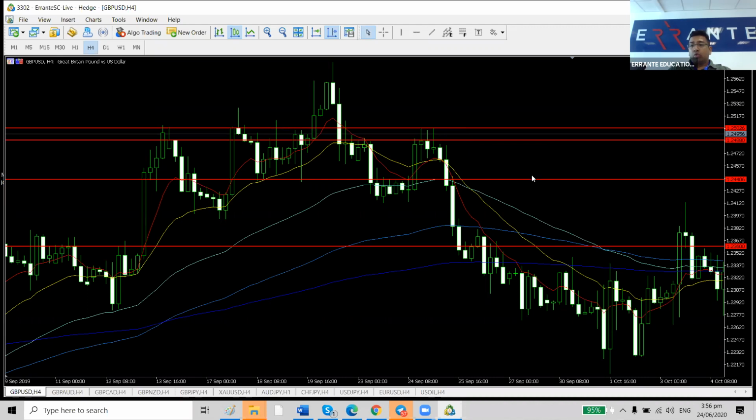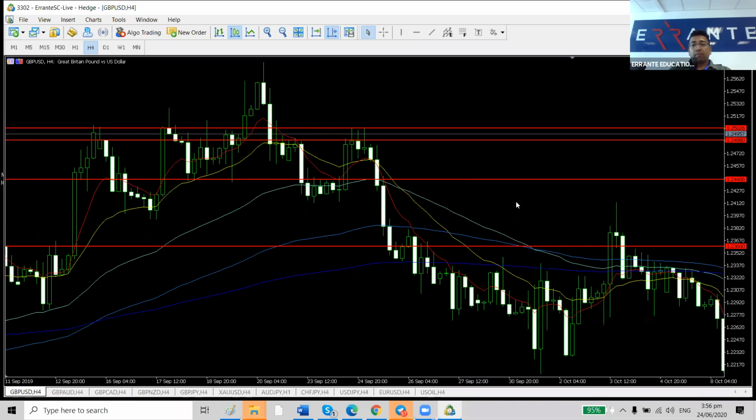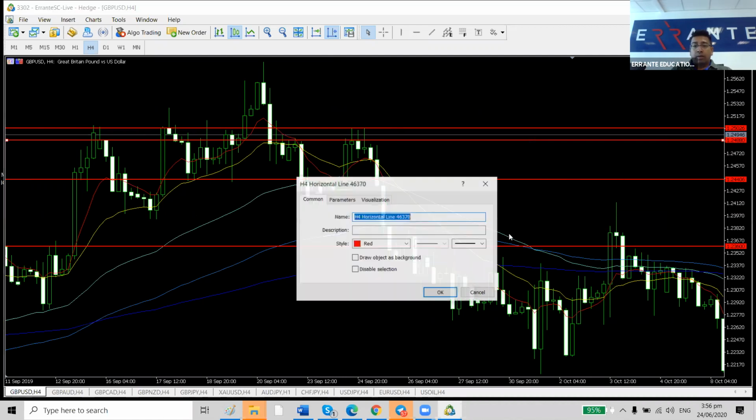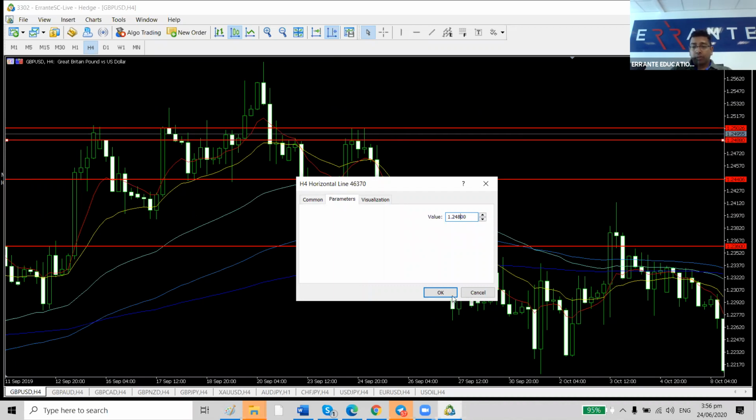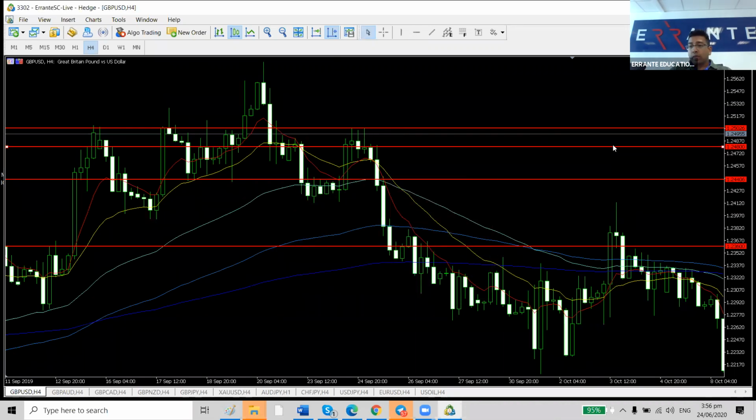So now we know that the price at this moment is trapped between 1.2502, which is the 2500 psychological number, and 2488, which is the 2480 psychological number. I will just adjust it like this and put it as 2480. And then we have 25.